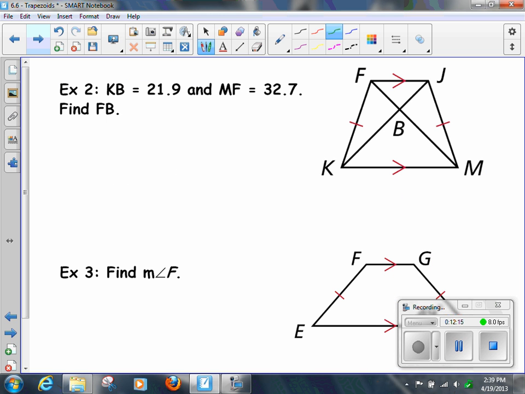It says KB is 21.9. MF is the whole thing, 32.7. We got to find FB. I got to find that piece right there.